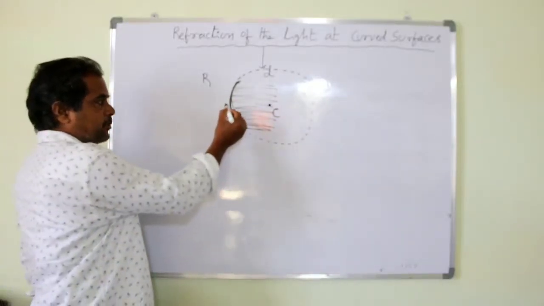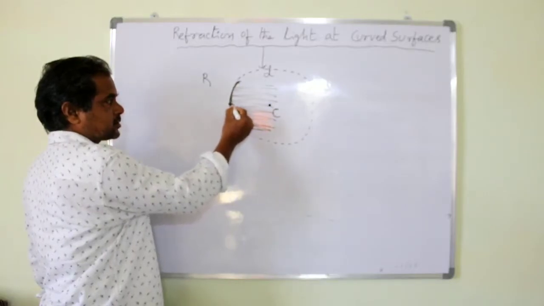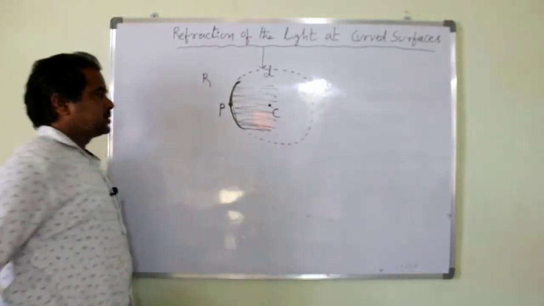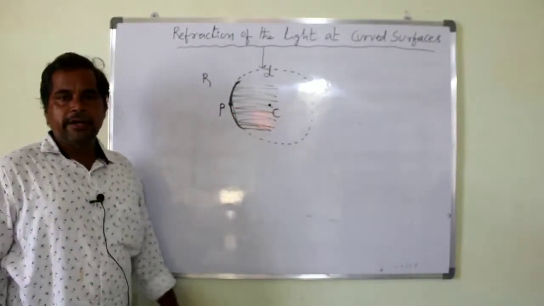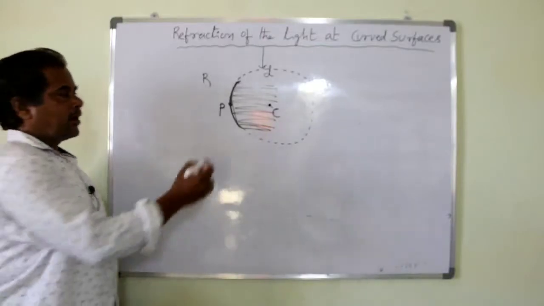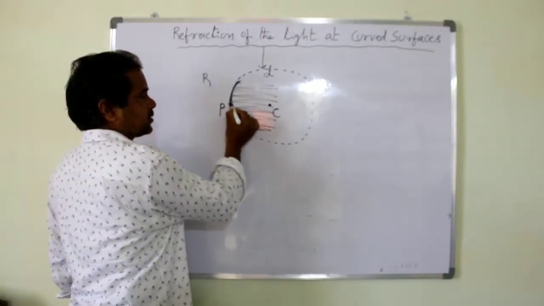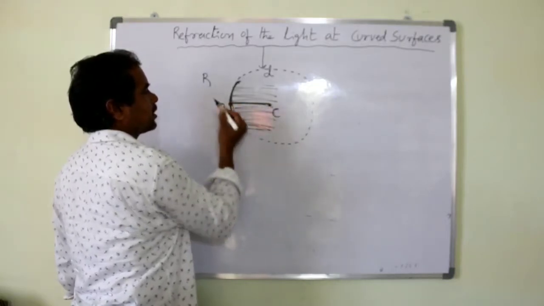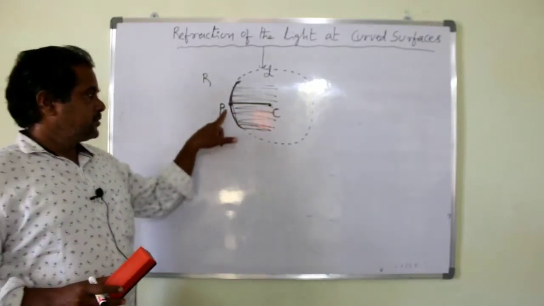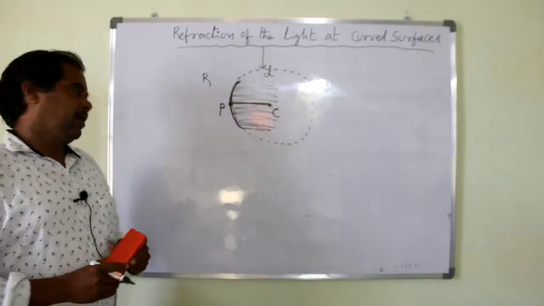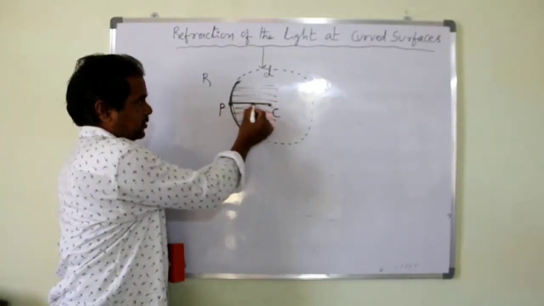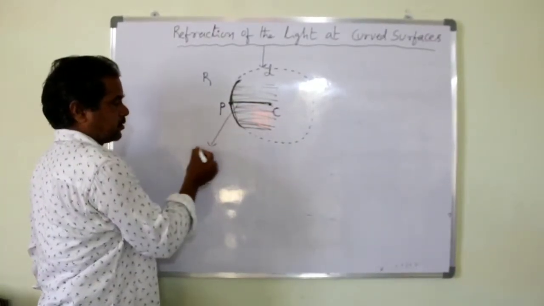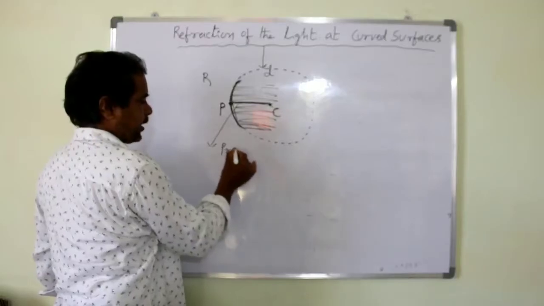The geometric center of this curved surface is called the pole. The line passing through the pole and the center of curvature, the line joining P and C, is known as the principal axis.